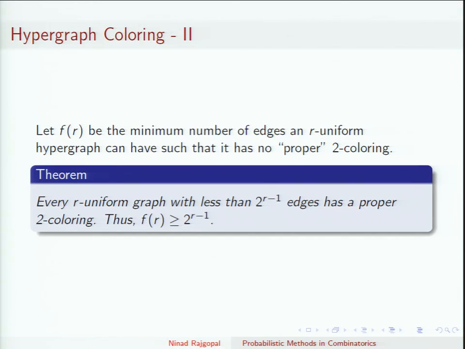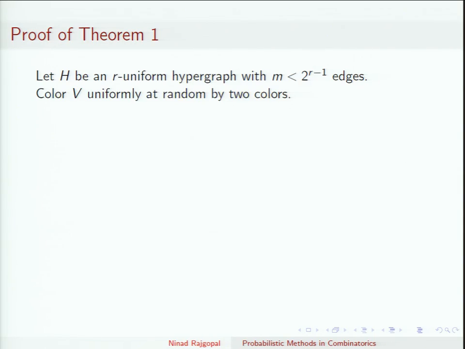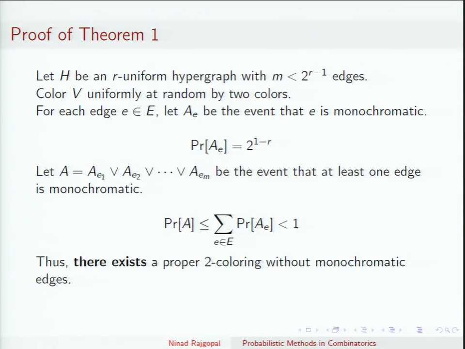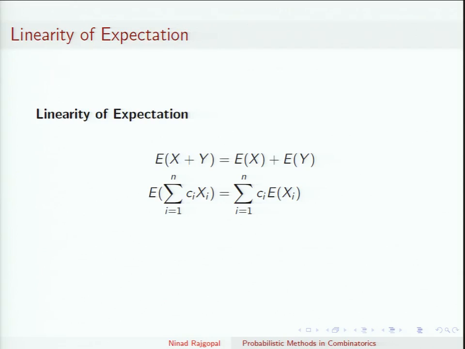So what we want is that every edge has at least one element having a distinct color, which means it is not monochromatic. So if we prove that there is a non-zero probability of this happening, we say that there exists a random coloring, a 2 coloring of this.